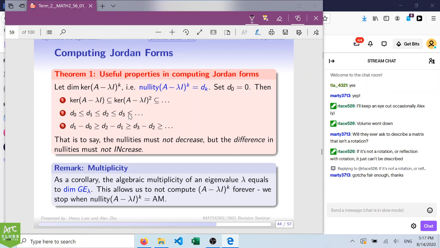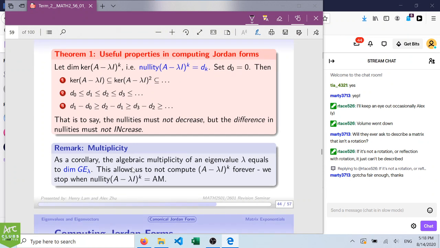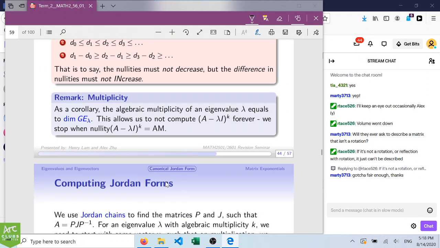That's pretty much what these two are saying, and we're going to use this repeatedly in the next few examples. Eventually when this d equals the arithmetic multiplicity, we are done. So that's how we compute generalized eigenvectors.